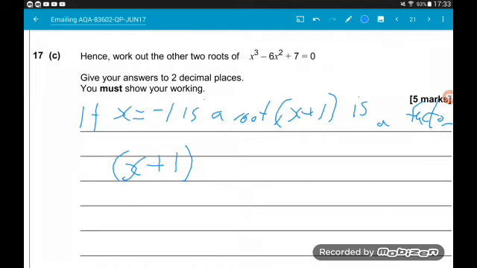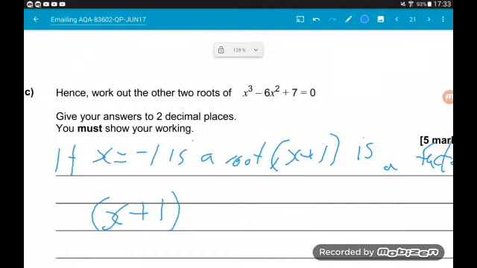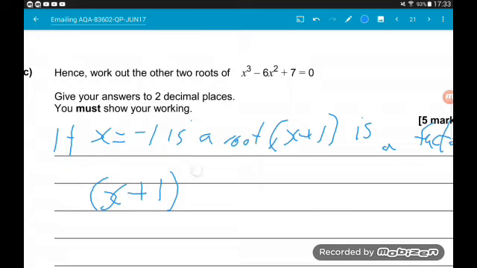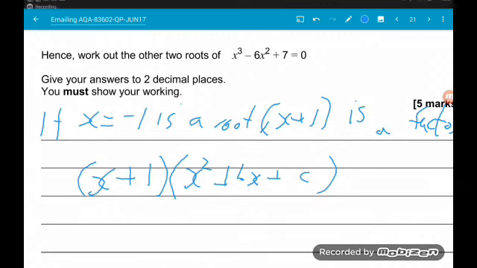So we know that we've got a single x cubed in our function. So our quadratic function is going to have a single x squared, plus bx plus c. So we need to first of all find the values of b and c.